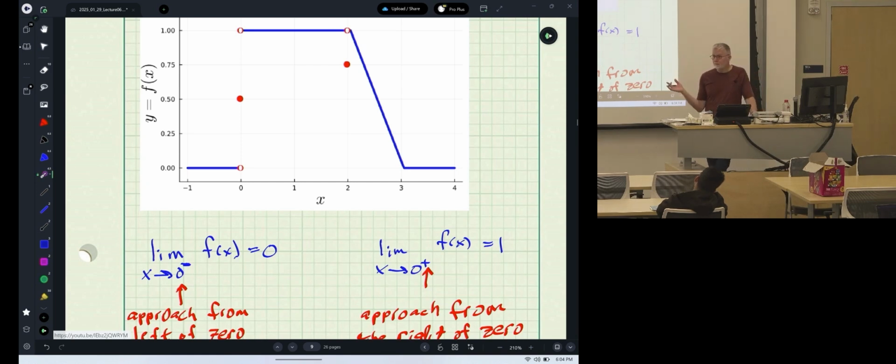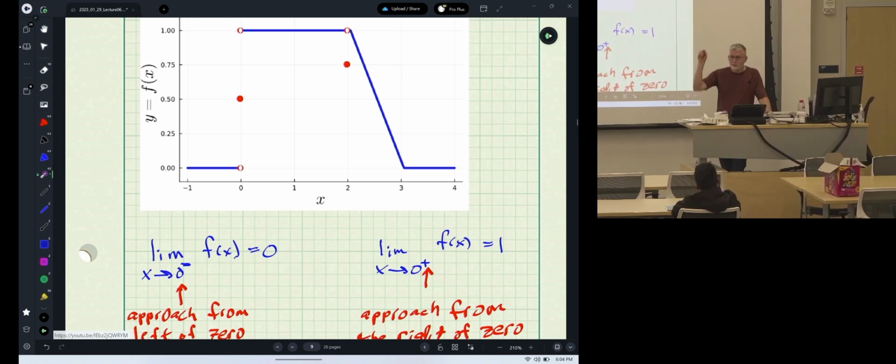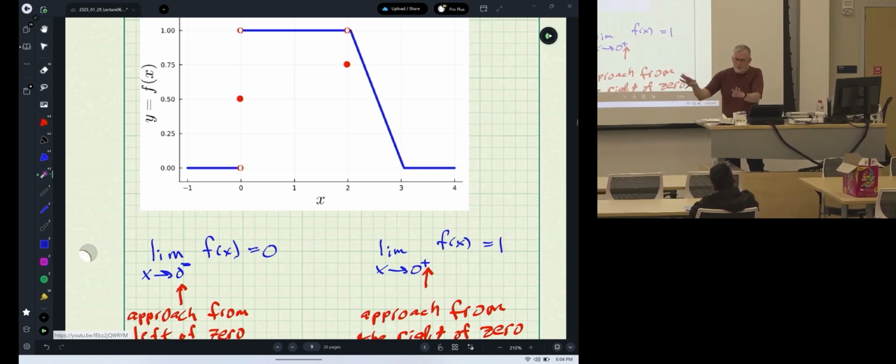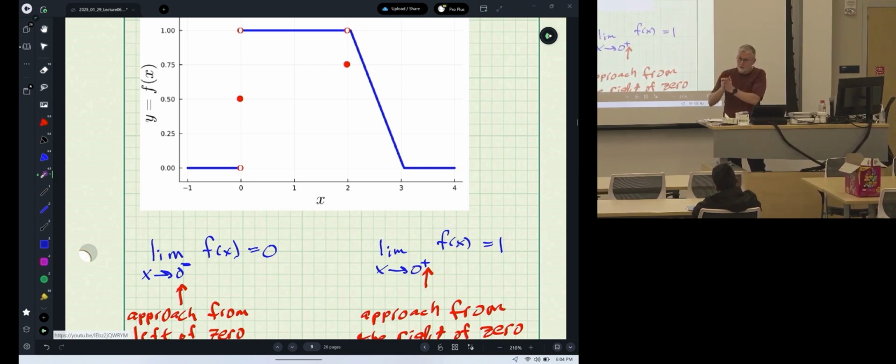They're both 1. Is the function continuous there? No, there's still a jump. So the limit from the left and limit from the right is not equal to the function. So have that in your brain when you think about continuity or discontinuity. That's what's going on. Okay.